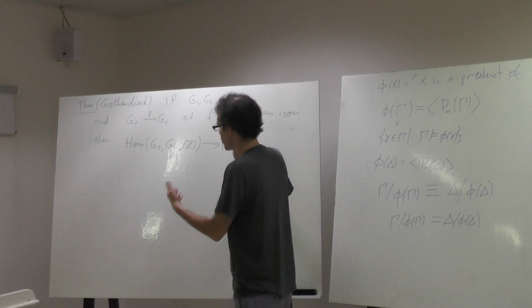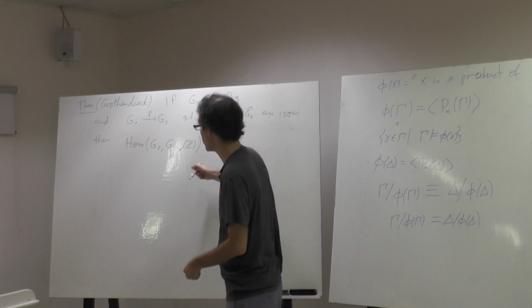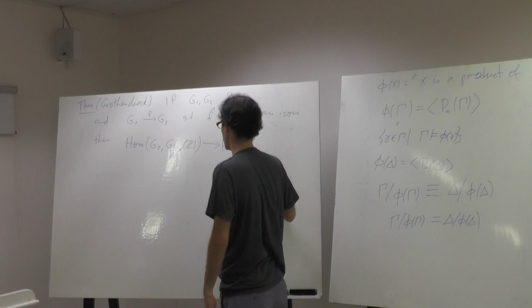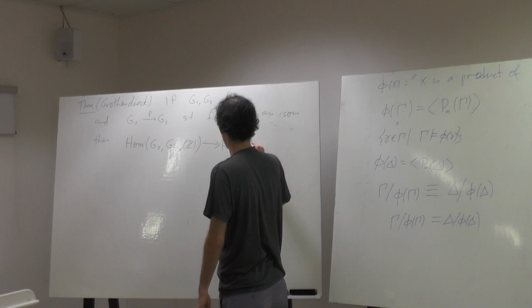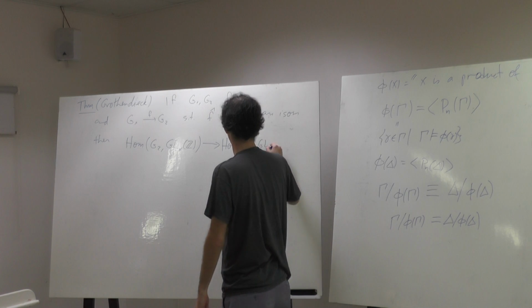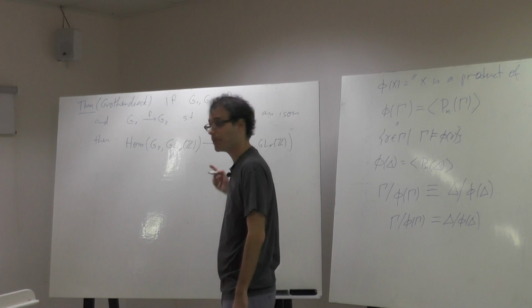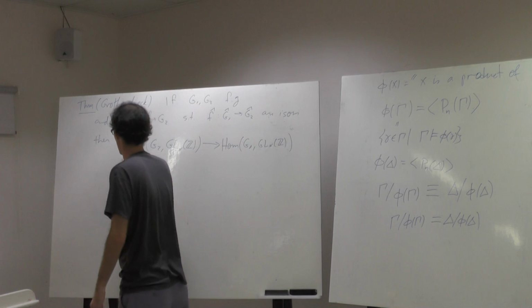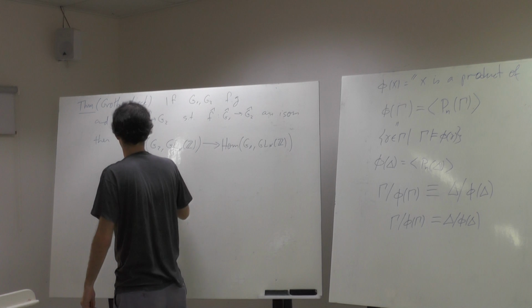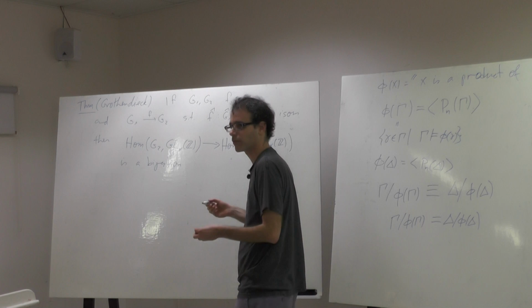So Grothendieck tells you that they have the same representation theory. Every homomorphism from G2 to GLN-Z, you can pull back to a homomorphism from G1 to GLN-Z, okay? And the claim is that this is a bijection, using F, yes, the restriction along F.